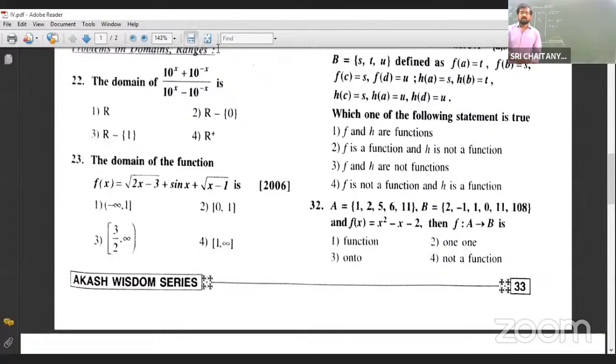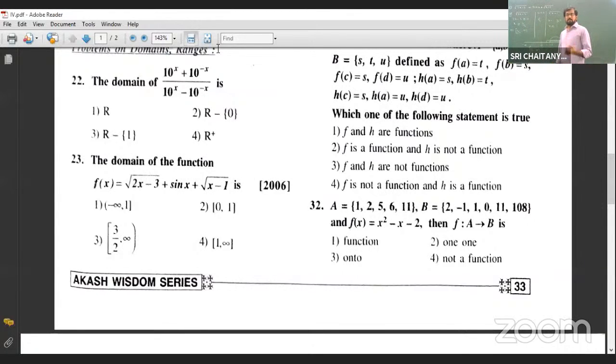Now the same problem, the 23rd problem, is in front of you. Observe the options given to you. First option, minus infinity comma 1. Second option, 0 comma 1. Third option, 3 by 2 comma infinity. See how to do this problem through the verification method.